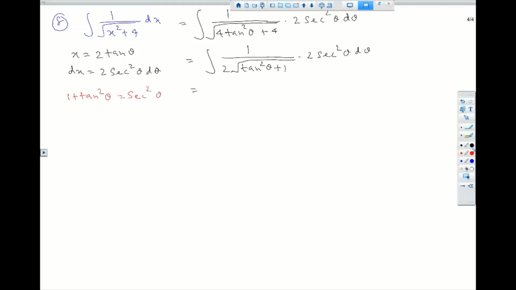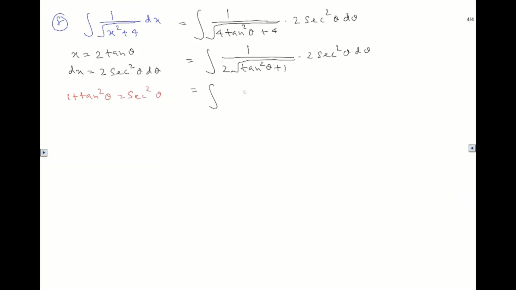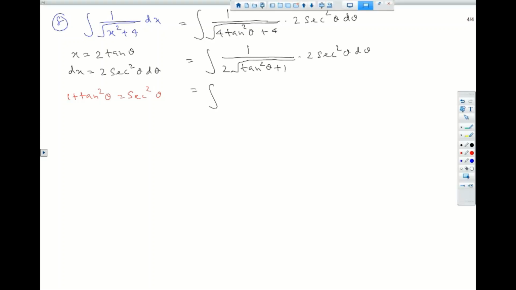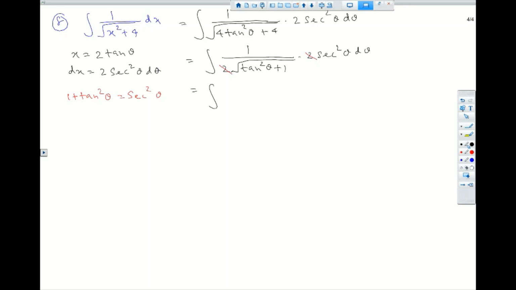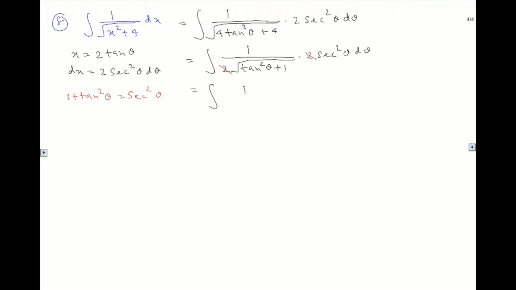For if we use that, what's going to happen is the 2 actually gets cancelled, so the bottom becomes secant squared, but under the square root it simply becomes secant theta, because under the range, the range is from negative pi by 2 to positive pi by 2, so under that it is positive.